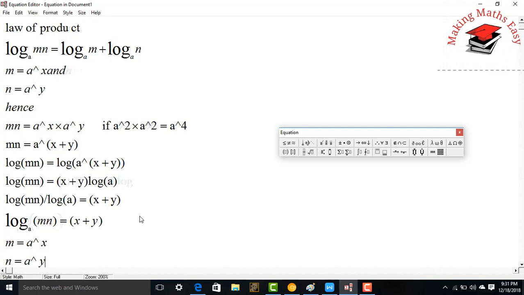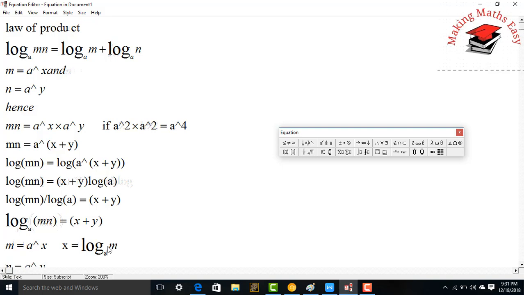So what will be the value of x and y on taking log on both sides? x will be equal to log of m base a by the definition of logarithm.